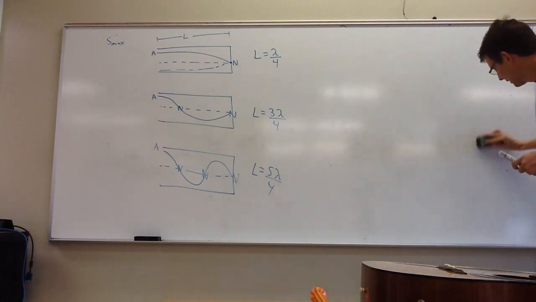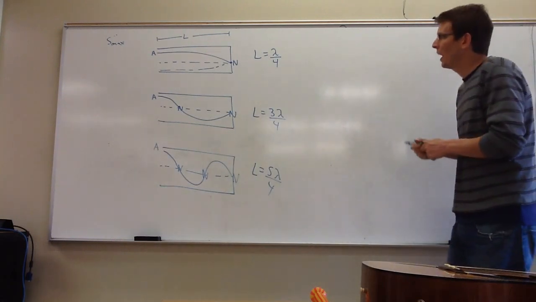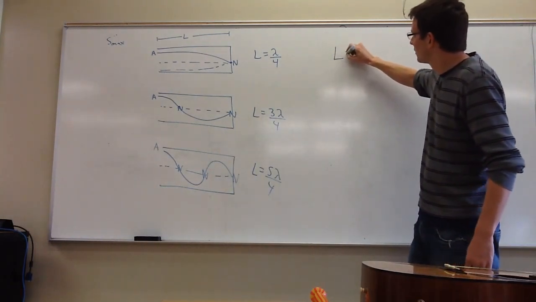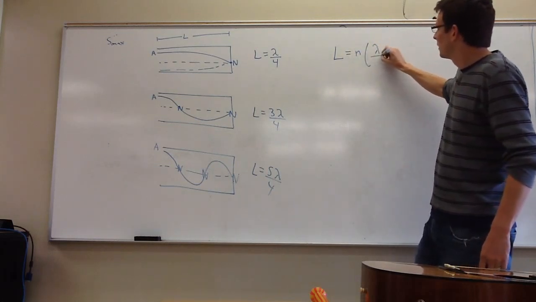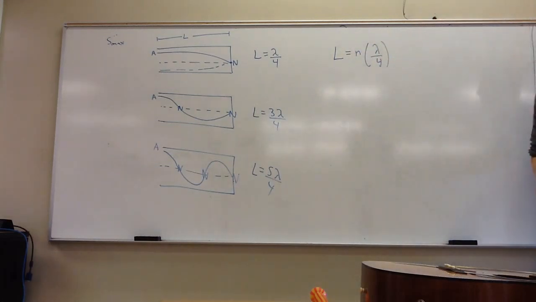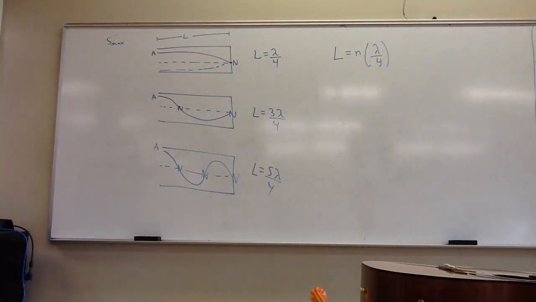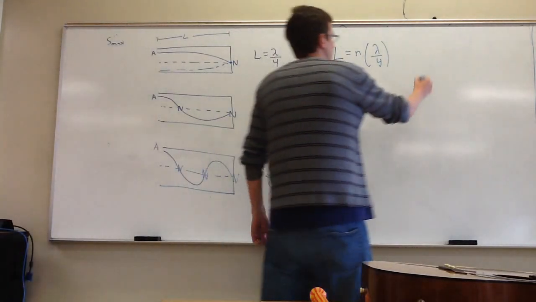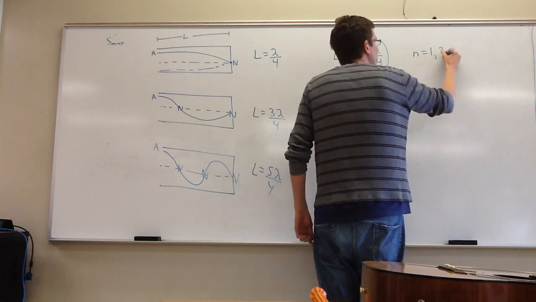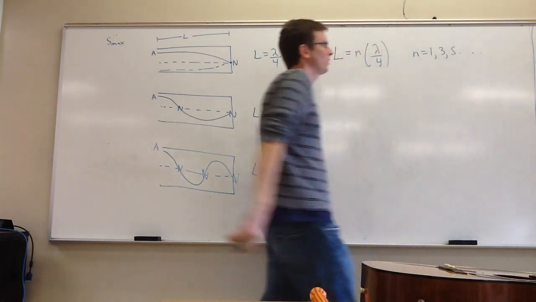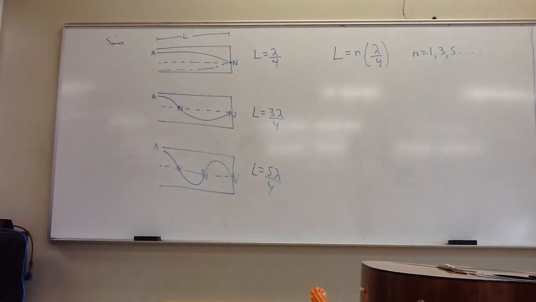So what's the pattern here? The pattern is a little bit odd. In the length of the medium, you can fit quarter wavelengths, but only odd quarter wavelengths. You can confirm that this equation, plugging in 1, 3, 5, 7, odd numbers, will get you these.